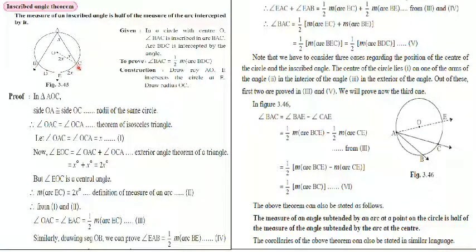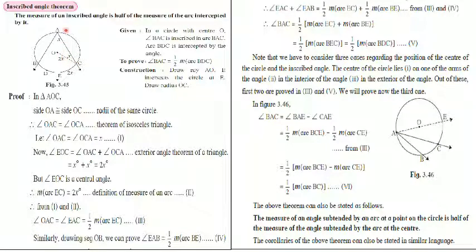Prove this. For this you need to do a construction: draw ray AO, let it intersect the circle at point E, and join OC. OC is a radius of the circle. Now consider triangle AOC in which OA is congruent with OC, radii of the same circle.